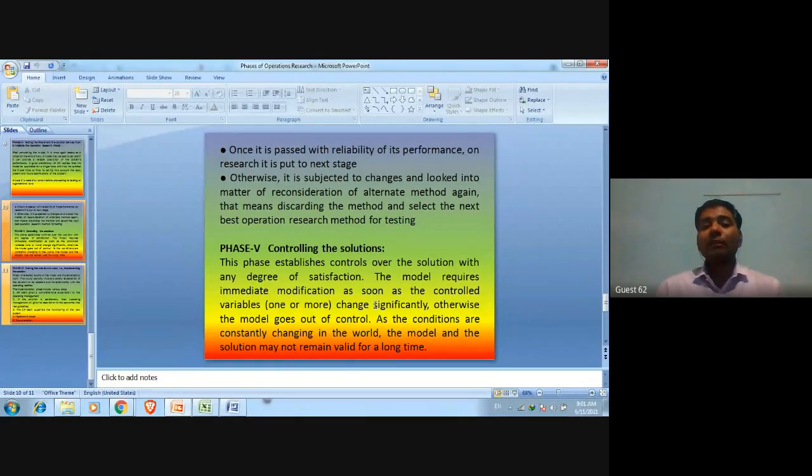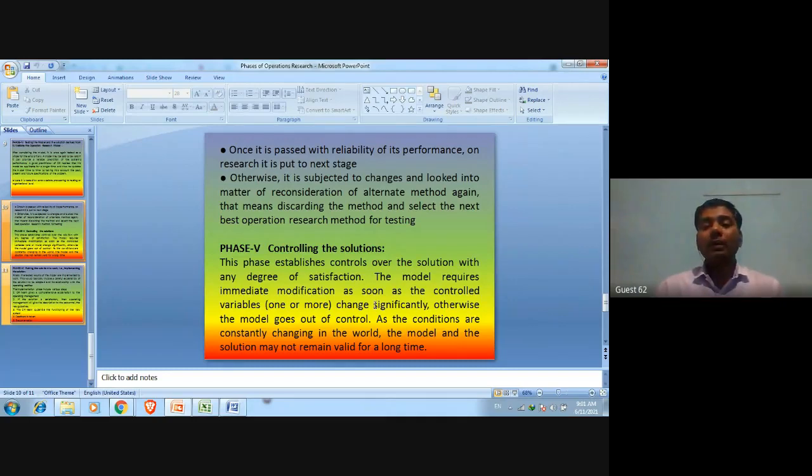if your model does not pass the reliability test, otherwise, it is subjected to changes and looked into as a matter of reconsideration of alternate methods again. That means discarding the method and selecting the next best operations research method for testing.